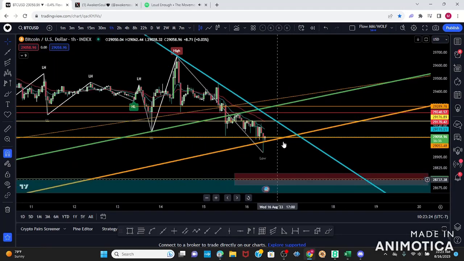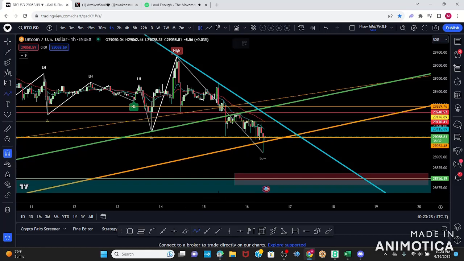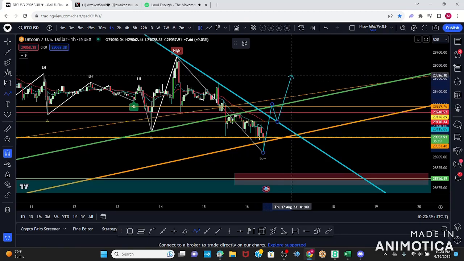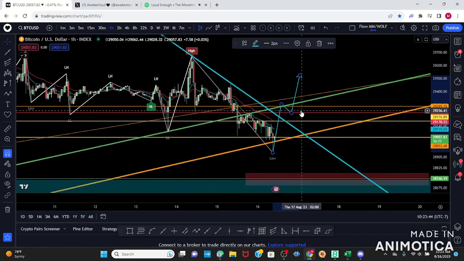So this is my 1 hour trend line resistance. So for me to even consider a long, guys, I would want this blue trend line to break, probably price action hold monthly. It's resistance now, but make it a support, and then price action move to the top, right?